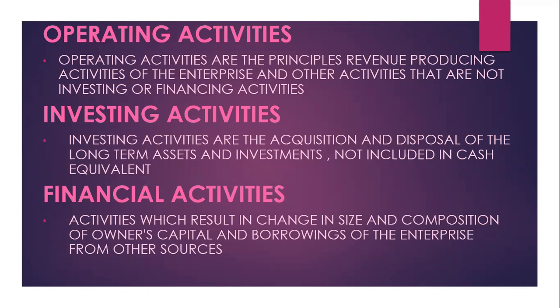Financing activities give us detailed information about the finances, that is the capital of the firm, whether the capital is repaid or the ratio of equity to debt keeps on changing or not.